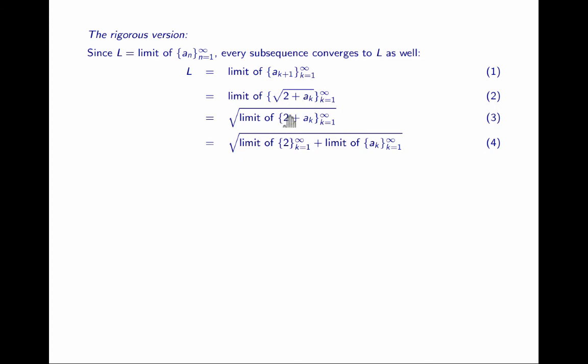Now, the limit of 2 plus a_k is the limit of the sequence 2, which is just 2, because the sequence is 2, 2, 2, 2 forever, plus the limit of the sequence a_k. Of course, the limit of 2 repeating forever is 2. It's a constant sequence. And the limit of a_k, we've already established, is L. So I get the square root of 2 plus L.